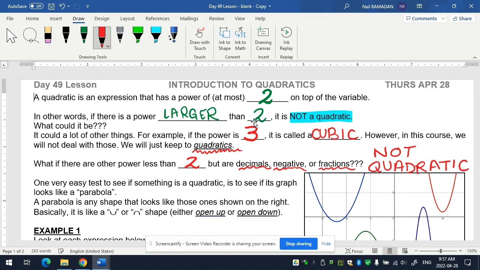If the power is anything but 2, we do not deal with it. So if you ever spot a power other than 2, just say, this is not even a part of this course. That's all. How about grade 12? Yeah, in grade 12, they go a little bit into powers of 3. But in grade 11, it's only power of 2. Okay?